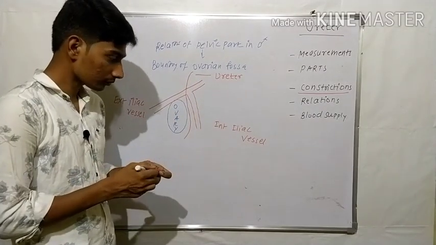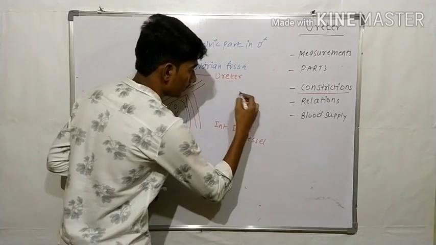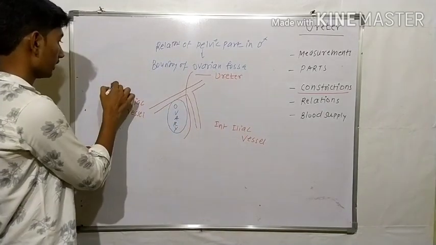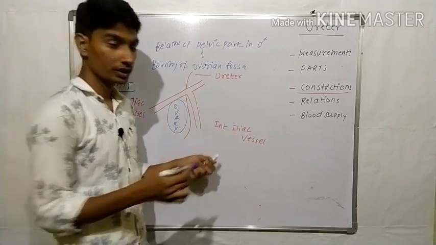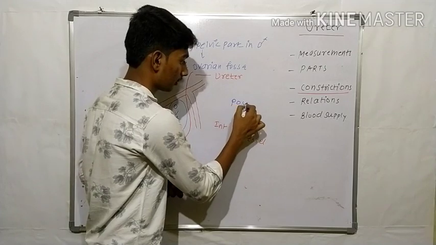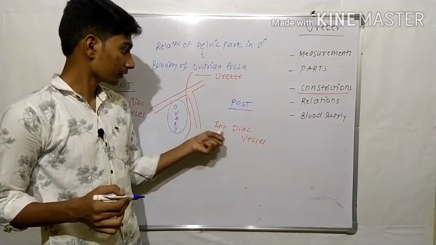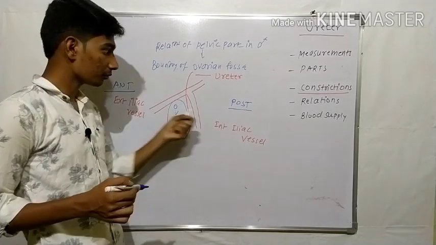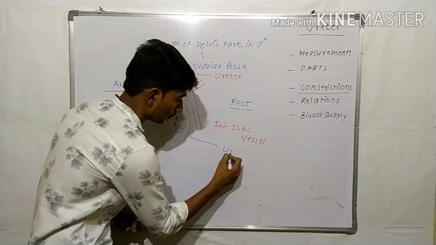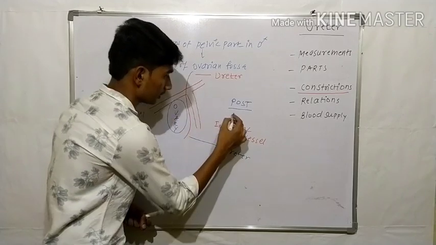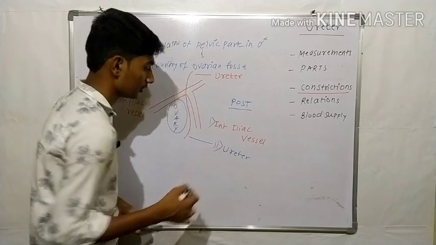This ovarian fossa is anteriorly bounded by external iliac vessel and posteriorly by internal iliac vessel and also ureter.